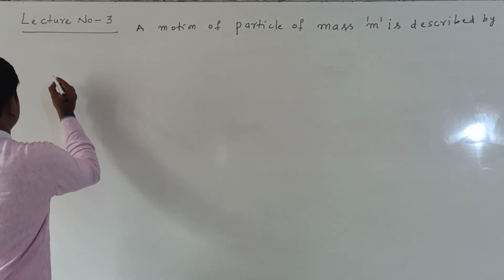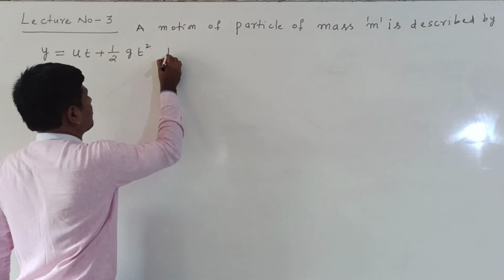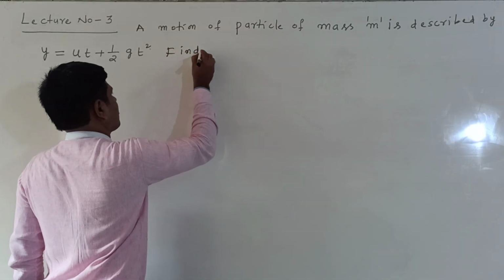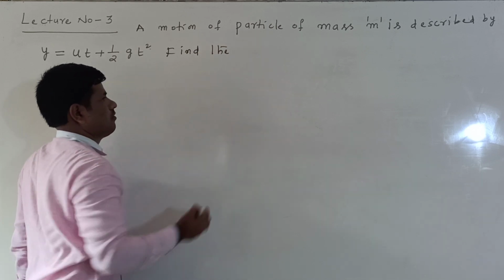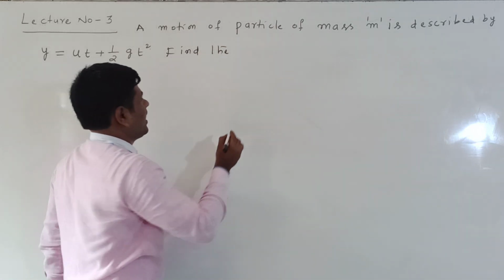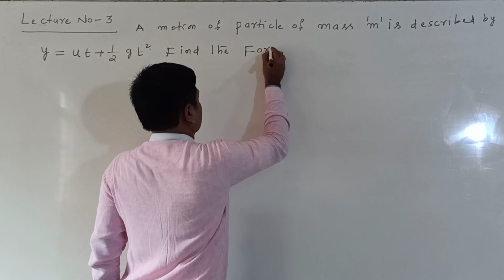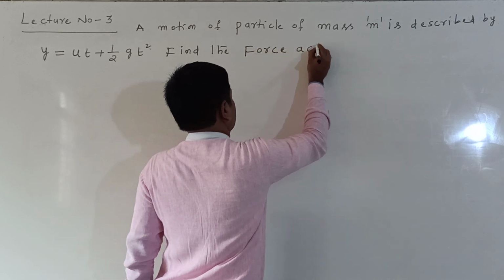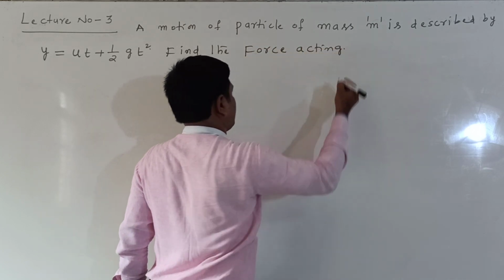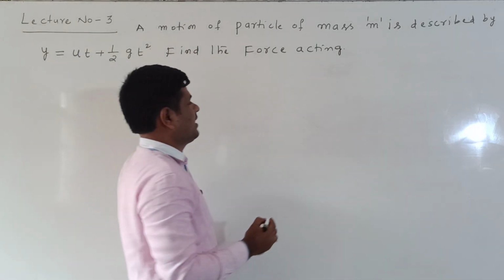What is the equation given here? y equal to ut plus half gt square. Find the force acting on the particle.